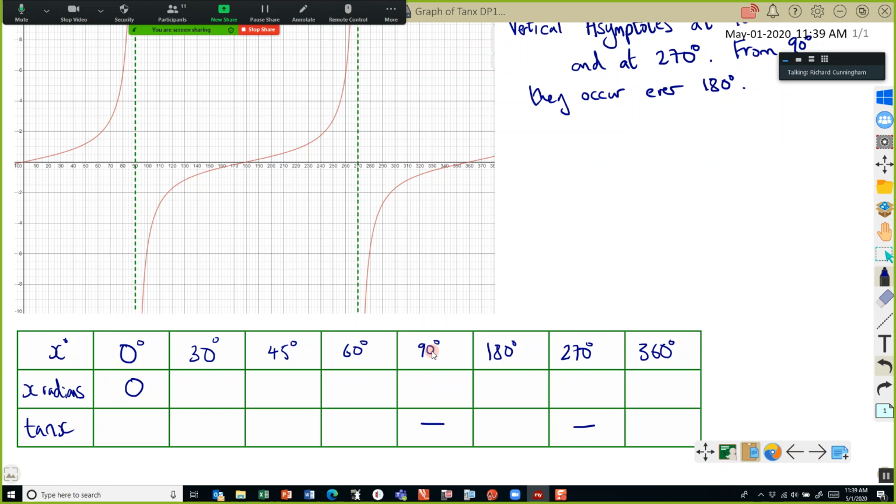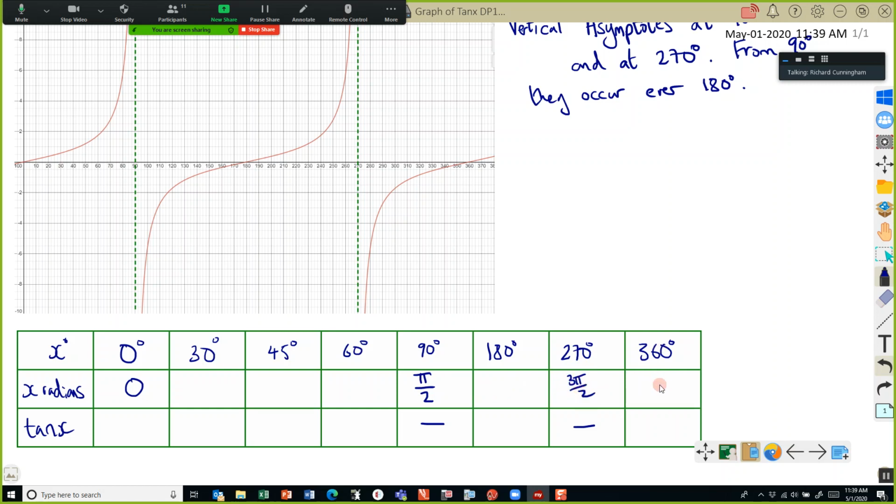What is 90 degrees, Darius, in radians? Pi over 2, good. And 270 degrees, Jaden, in radians? 3 pi over 2, good.